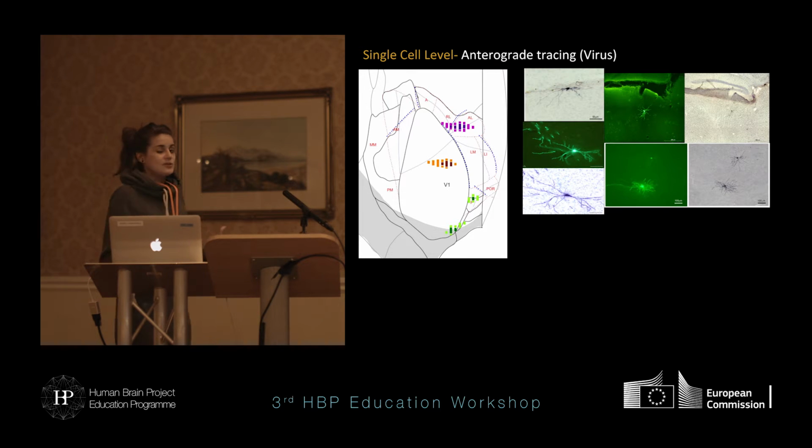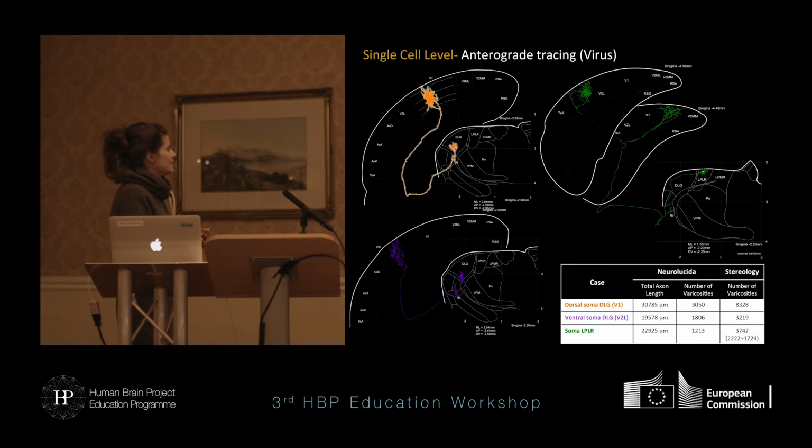And then these neurons are going to take this substance as their own, and it's going to fill the whole neuron. And then after 5 weeks, what we can see is the soma illuminated here, because it has a GFP, a fluorescent molecule. And then when we dye it, with Neurolucida, we are able to reconstruct the whole neuron and the whole terminal field.